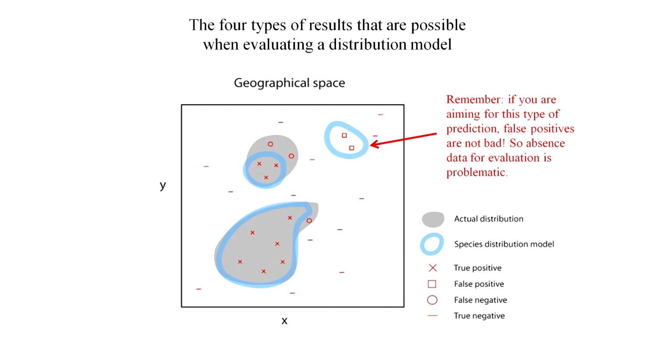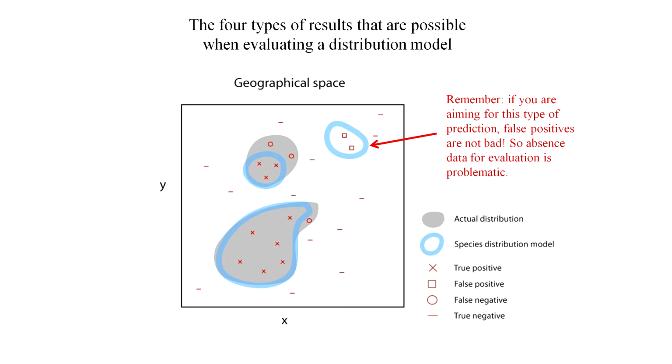Now, if you're evaluating your model with negative predictions, so you go out to that site and you find that the species isn't there, so it's a false positive prediction, and you use a test statistic that punishes your model, if you like, it says your model isn't very good because it's making that kind of prediction, then there is an argument that that's really quite fundamentally problematic, right?